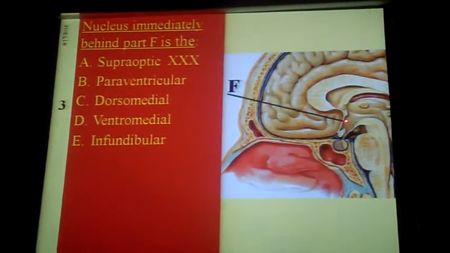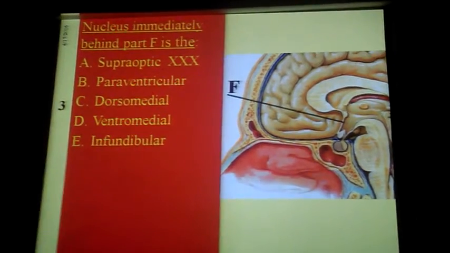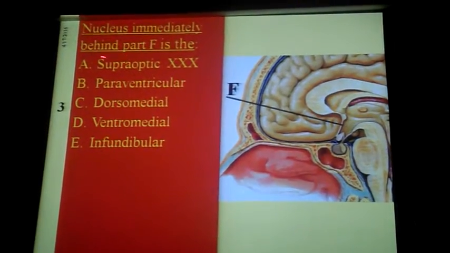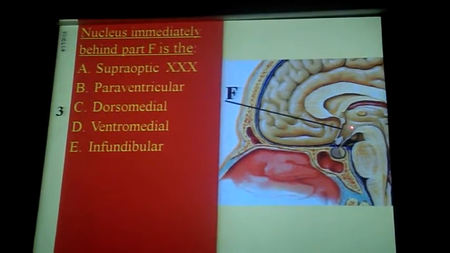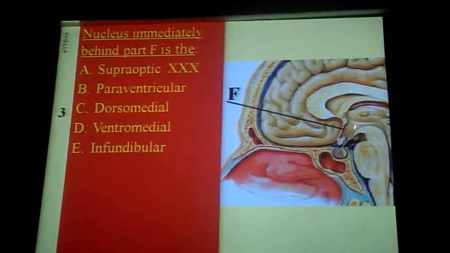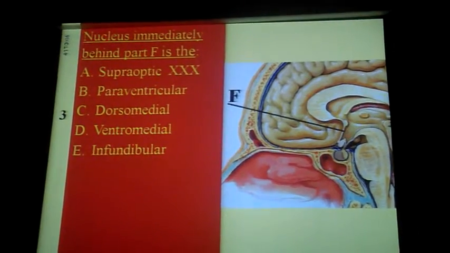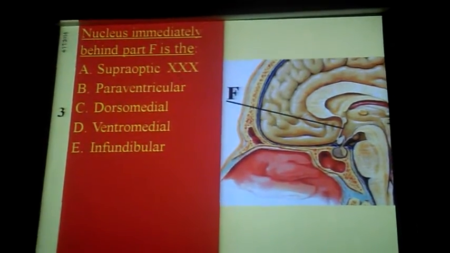Correct. Supraoptic nucleus is immediately behind it. Paraventricular nucleus is not immediately behind. The paraventricular nucleus is somewhere in there, but it is not immediately behind the lamina terminalis.